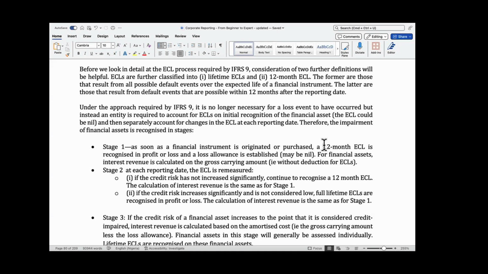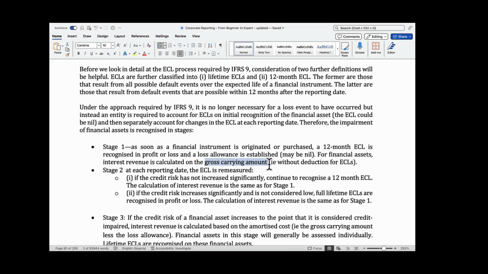So when you are now recognizing interest revenue on these your investments, the interest is still calculated on the gross carrying amount. Not on the net, it is the gross. Even though you're removing the impairment from the financial assets, you won't calculate the interest on the net.